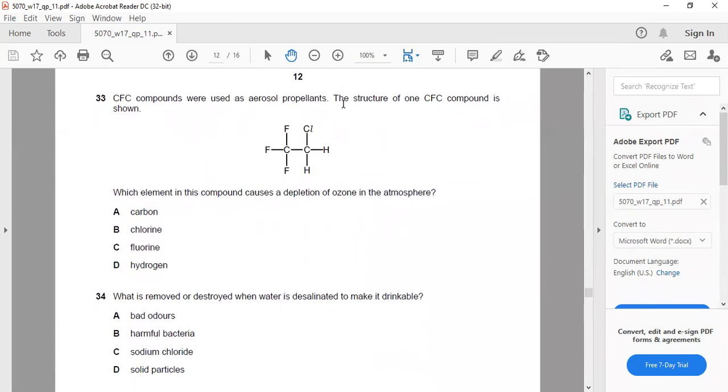33. Chlorofluorocarbon, because the carbon chlorine bond breaks down in UV light, forming chlorine free radical, which reacts with the ozone and depletes ozone layer. So chlorine, it's about pollution chapter.